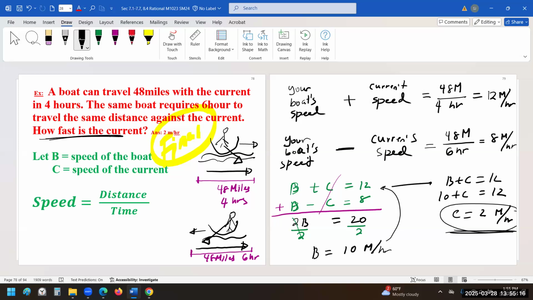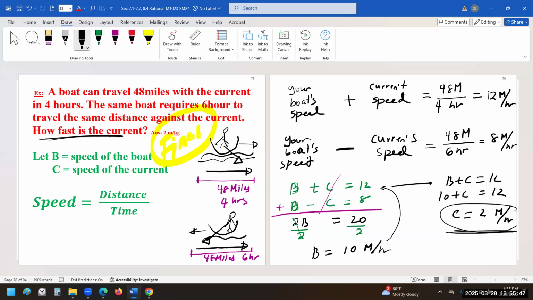What do you think? Who has the highest speed? Your boat or the current? Which has higher speed? Real life. Think about real life. You're going somewhere. If you're going with the current, it doesn't matter if you're going or coming back. So who has higher speed or faster speed?